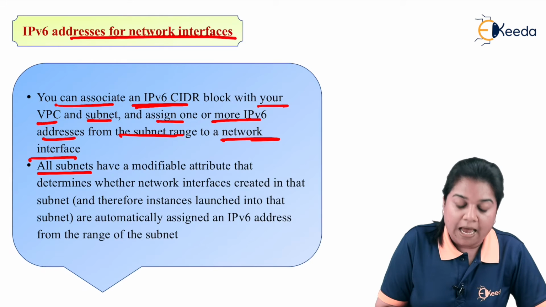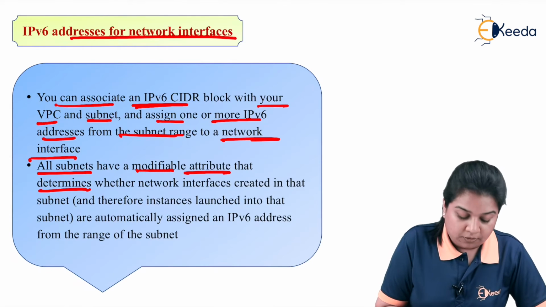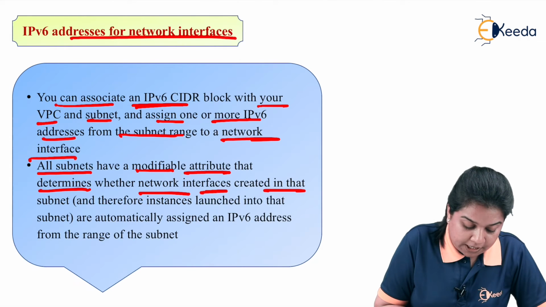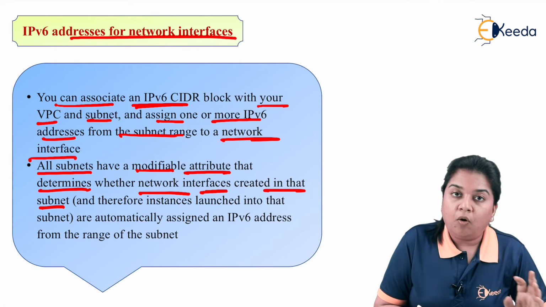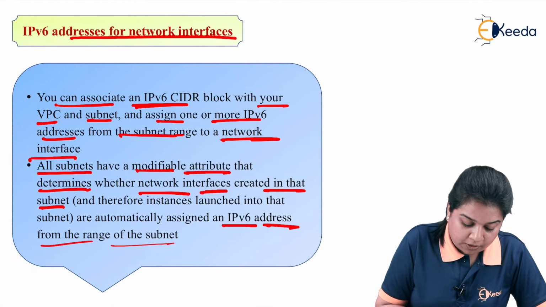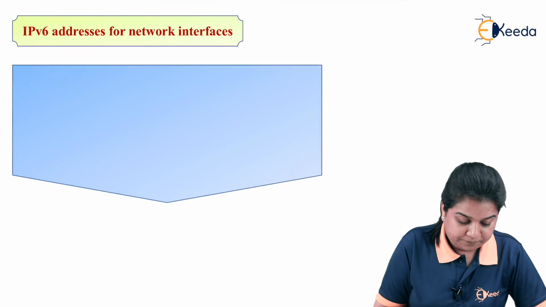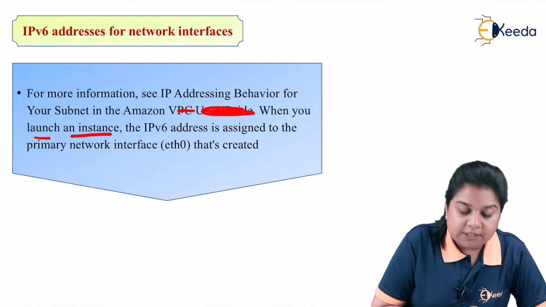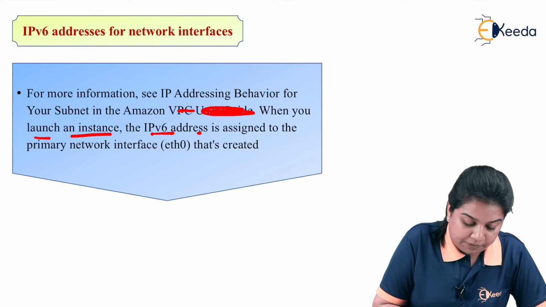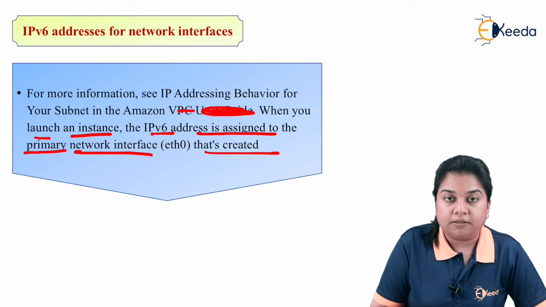All subnets have a modifiable attribute that determines whether network interfaces created in that subnet are automatically assigned an IPv6 address from the range of the subnet. When you launch an instance, the IPv6 address is assigned to the primary network interface that's created.